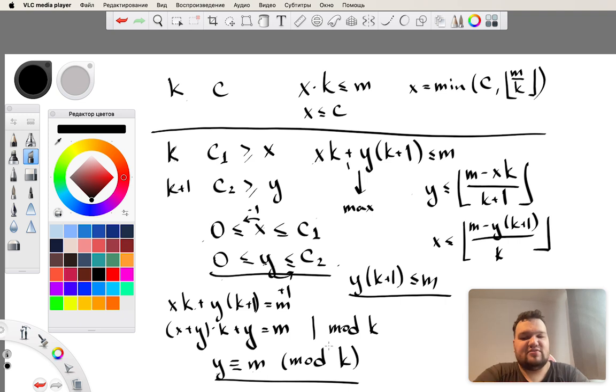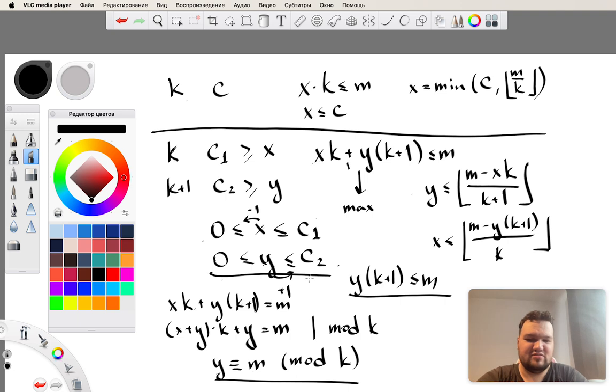And finally, we try y, which is the greatest number that is at most c2, at most m divided by k plus 1, and have correct remainder modulo k.